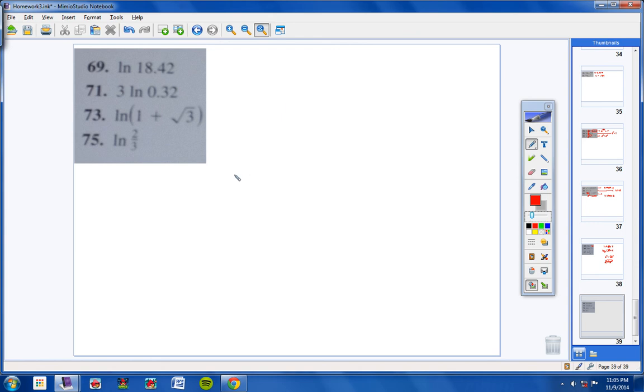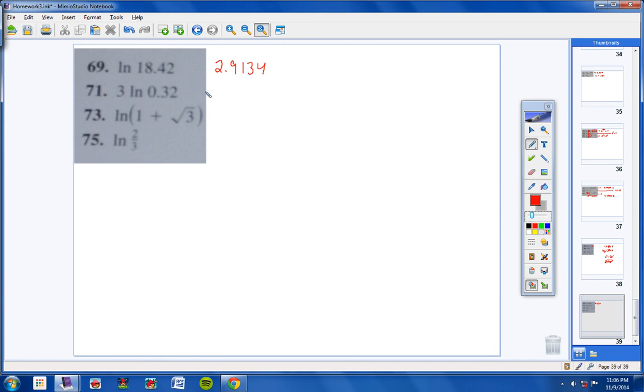Okay, these last ones are calculator problems, so let's grab our calculators real quick. Notice they're all natural logs. So for number 69, hit your natural log button, and then 18.42, and you will get 2.9134.